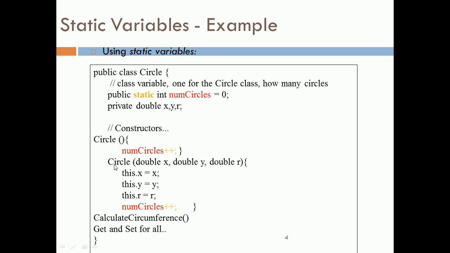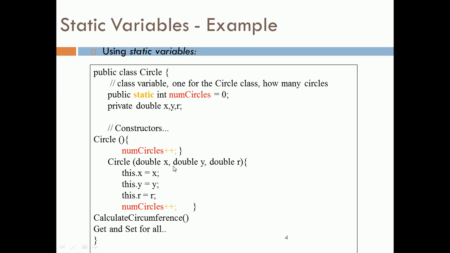So this is again the definition of Circle class along with the constructor. Let's see how I am using the static data members in the constructor. I have a default constructor which is not initializing my non-static data members, but it is incrementing my static data member by 1. So numCircles is incremented by 1 whenever the default constructor is called, right?